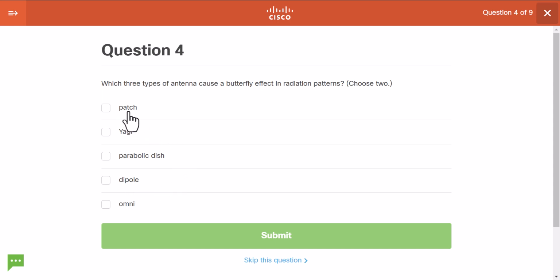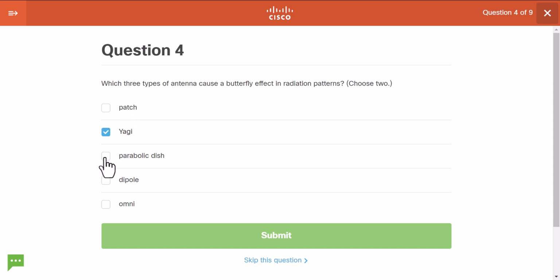Patch. A patch antenna is like a plane which radiates from it, and it creates basically an extended bubble, right? So the bubble of radiation is extended as sort of an ellipsoid.